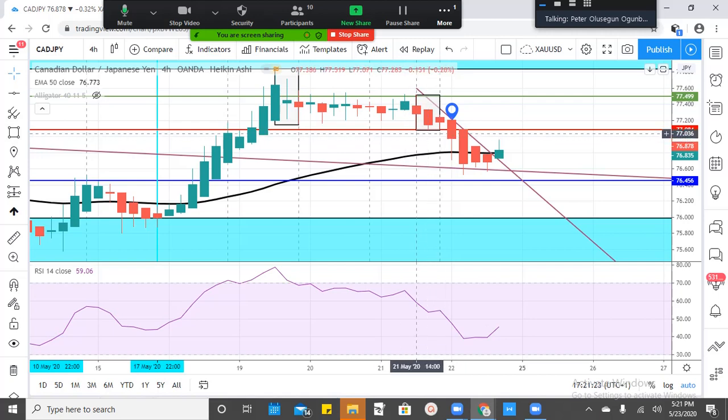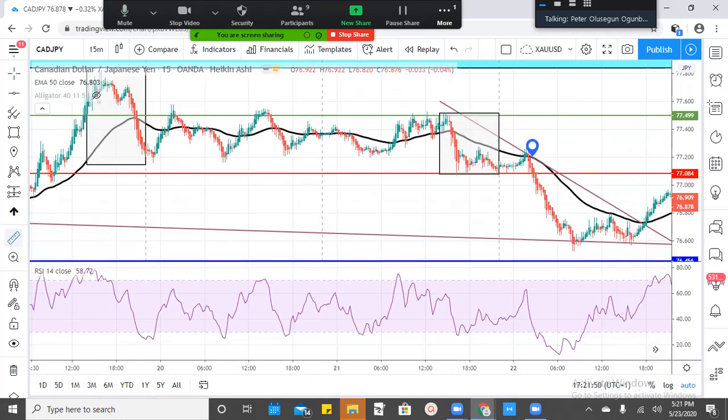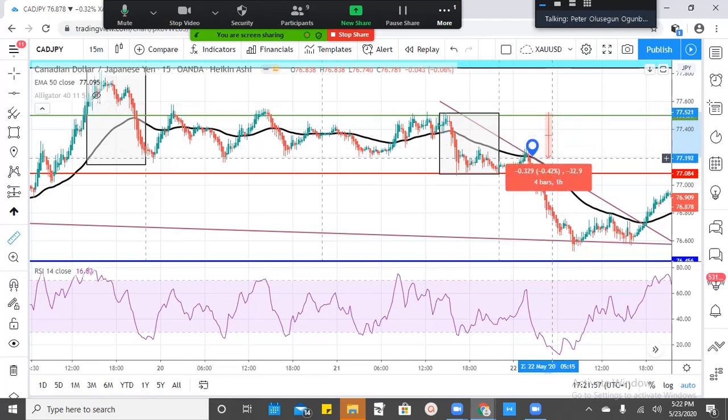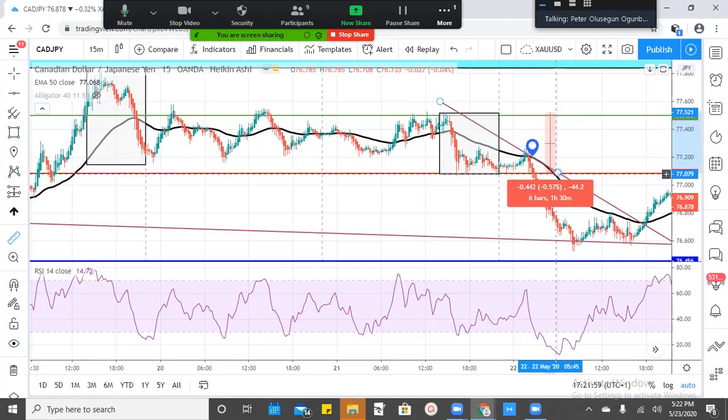So what do we do again? We go to 15 minutes to draw. It's going to be a long way back, but we're going to find the midway also. So from top to bottom, we draw to get 44. So the midpoint is actually 22. Now our price is currently at 77,079.